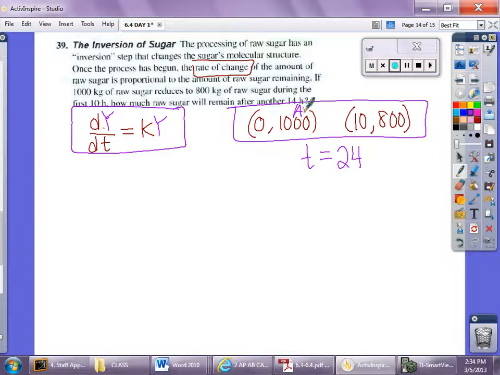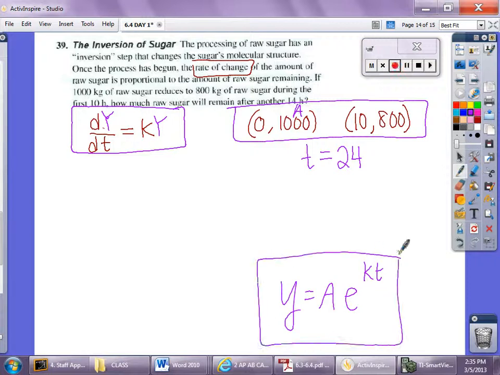Each of these problems can be done by starting out with the exponential equation of y equals a e to the kt. I very specifically do not want you to start there. I want you to start with the differential equation. You should end up with the same exponential equation when you're done for each problem. So hopefully the homework won't be too bad.